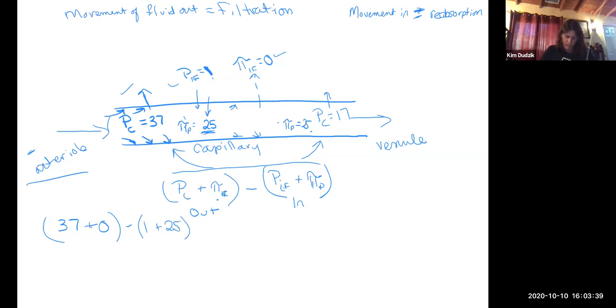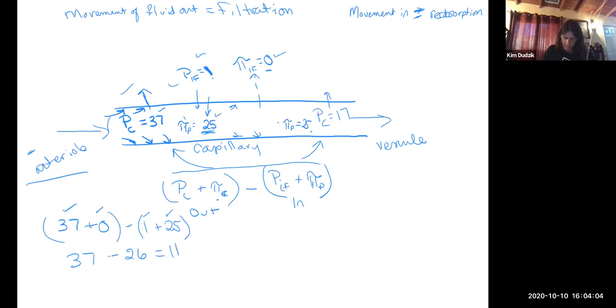Okay, so again, all of these numbers came from the arterial end. This one doesn't matter where, and this one also doesn't matter where in the interstitial fluid, but this one is over here. Do the math. So we get 37 minus 26.